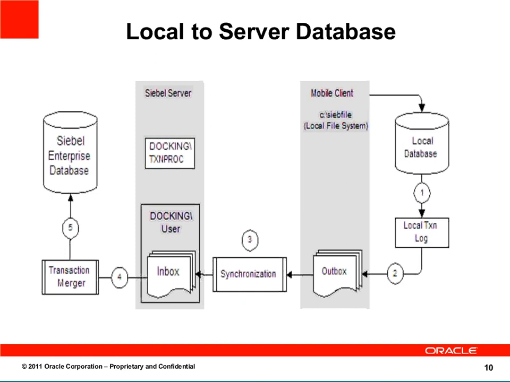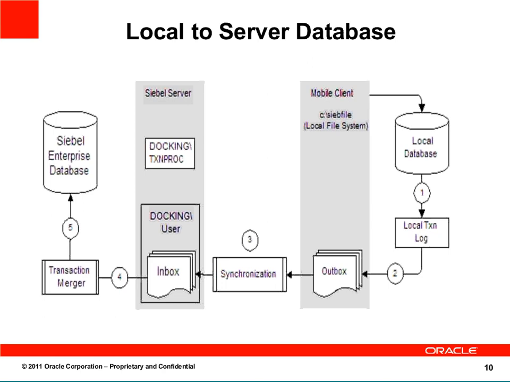After that, when you synchronize the mobile client, the server gets all these DX files, and the transaction merger processes and inserts all the changes inside the Siebel Enterprise Server. It's an easy functionality, and we don't see many performance problems with this kind of flow, the synchronization from mobile to server. You can see in some slides that you can face problems with the local database and how to prevent them.